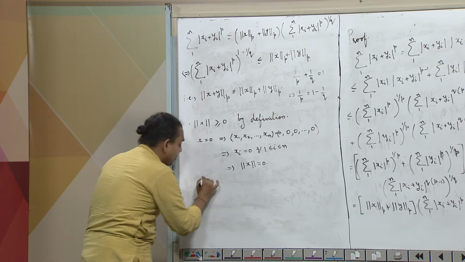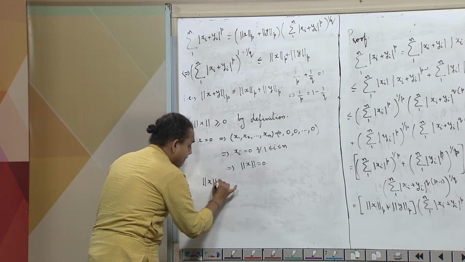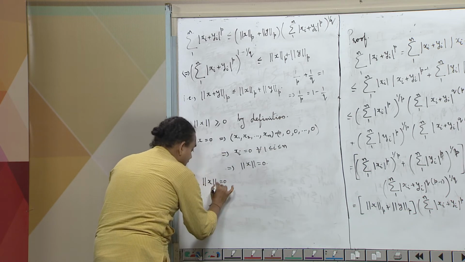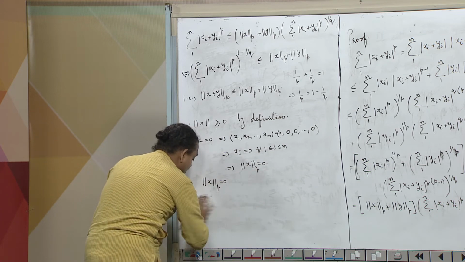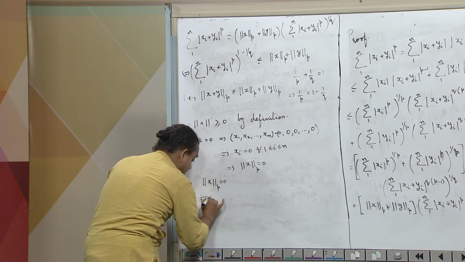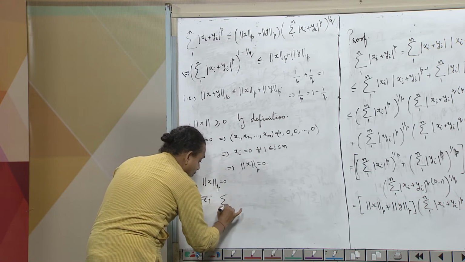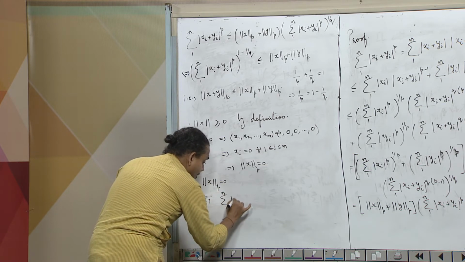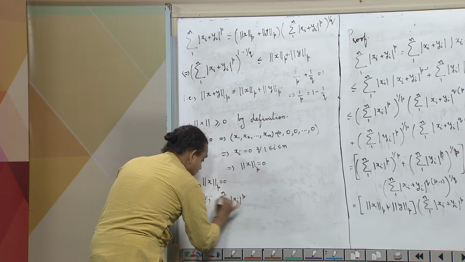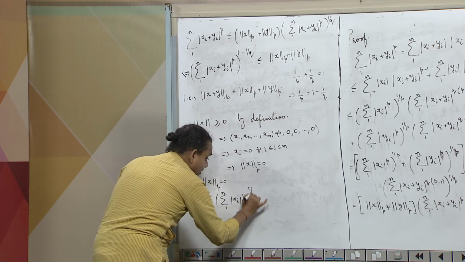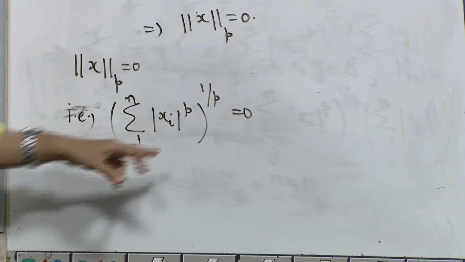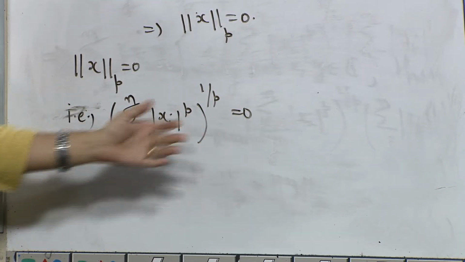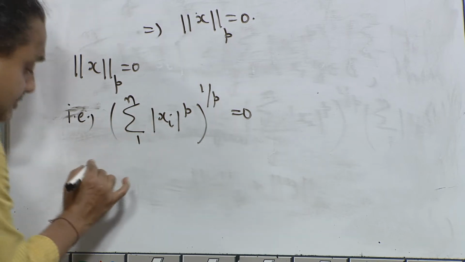Now, if the pth norm of x is 0, that means summation 1 to n mod xi power p, whole raised to the power 1 by p, this quantity is 0. Once you know that the pth root is 0, the term inside should be 0.